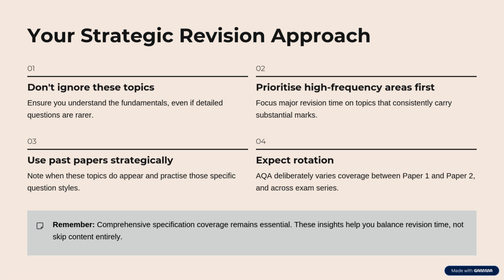Prioritize high frequency areas first, so you spend most of your time where the marks usually are. Use your past papers strategically. Don't just do loads. Analyze what's asked and how they phrase it. And expect rotation. And remember, you're just trying to balance your revision here, but we're not trying to skip any content.